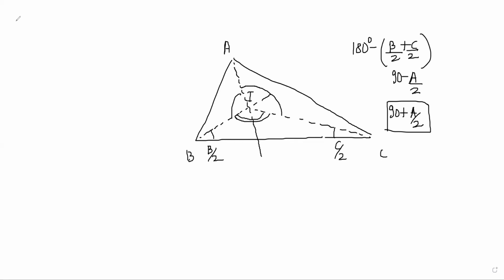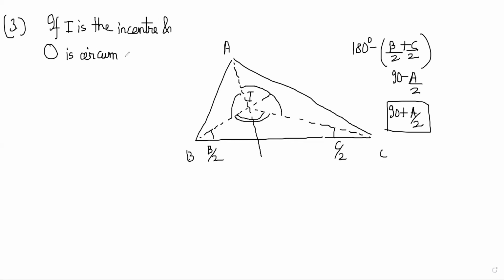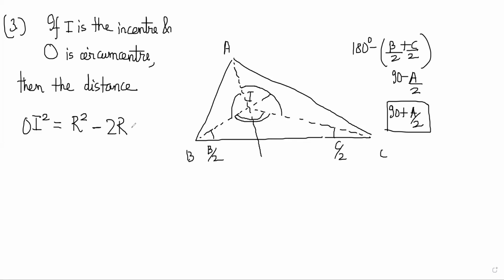And the last property about incenters is this one. It says if I is the incenter and O is the circumcenter, then the distance OI square is equal to capital R square minus 2R small r.